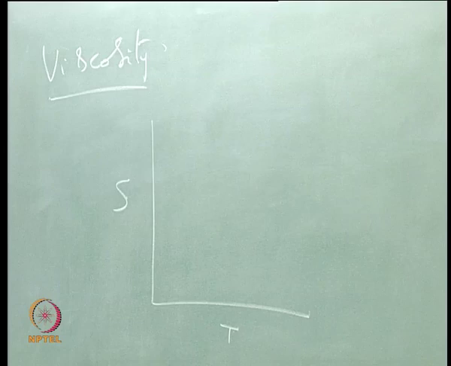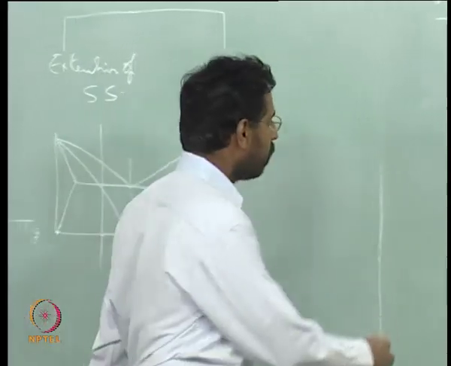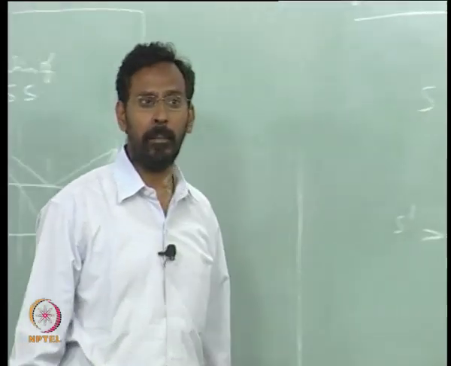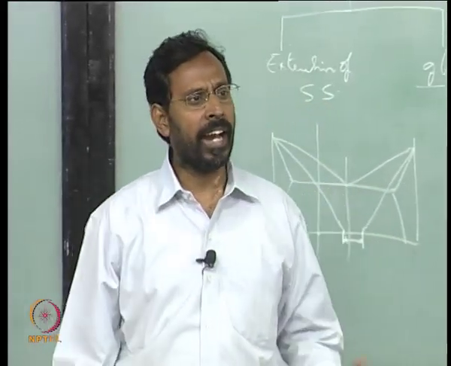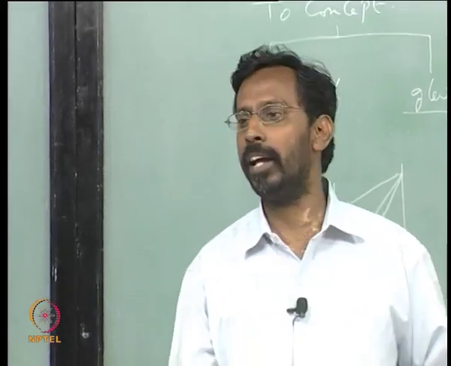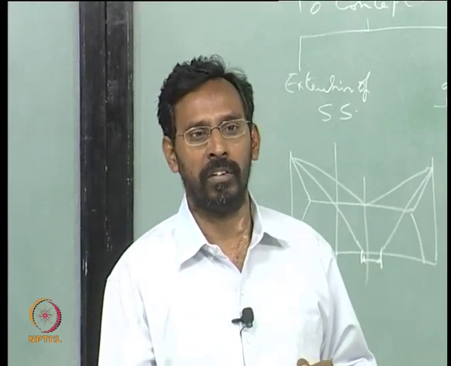We all know that the entropy of a liquid is higher than the entropy of the solid, am I right? So S of liquid is always higher than S of solid, but at the same time we also know that the rate at which the entropy of liquid changes with temperature is also higher than the rate at which the entropy of solid changes with temperature. Why?